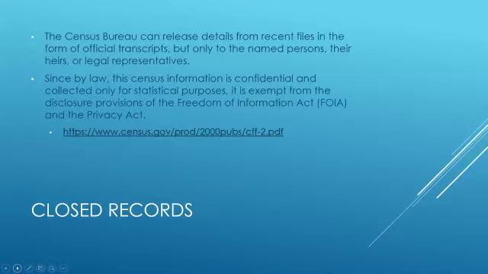By law, census information is confidential, and it's only used for statistical purposes, and it's exempt from the Freedom of Information Act and from the Privacy Act. And so I want you to know, you can't go and look up anyone else's, even if it's your relative. You can't find out their information unless that 72-year restriction is up.